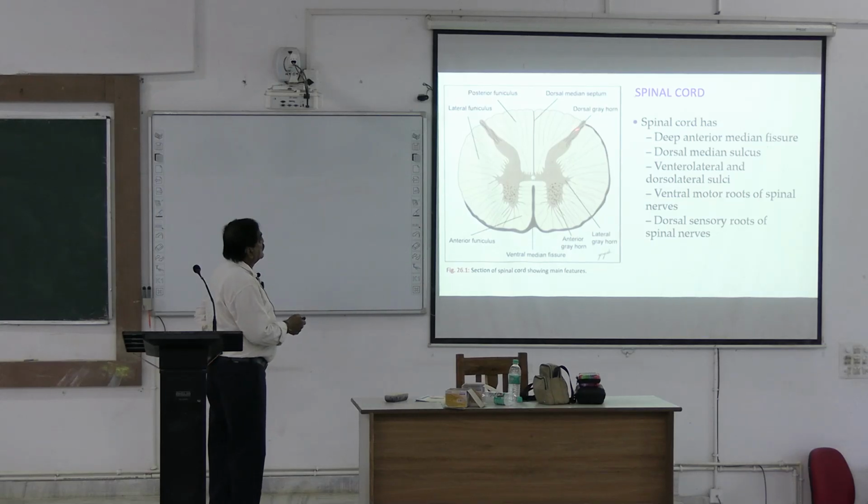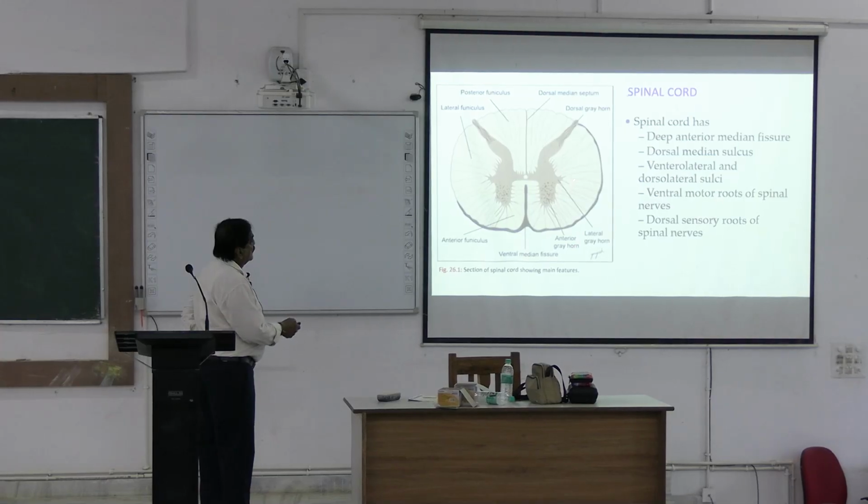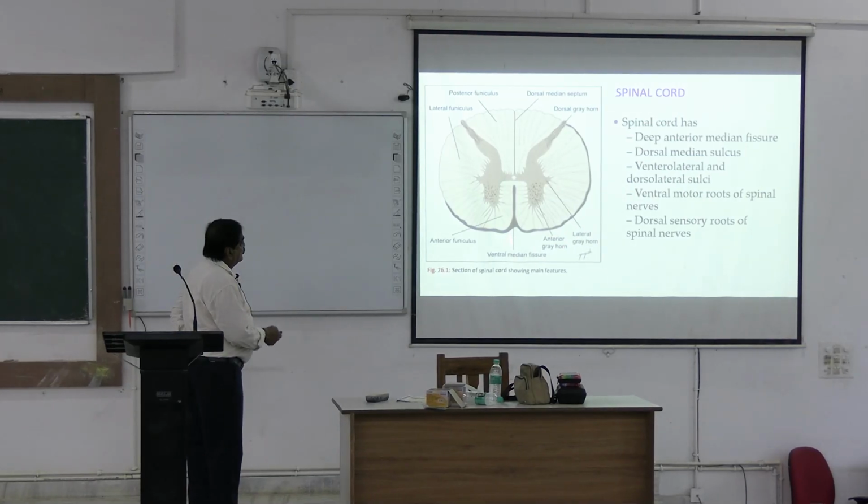This is the dorsal grey horn, dorsal median septum, posterior funiculus, lateral funiculus, anterior funiculus, anterior grey horn, lateral grey horn, ventral median fissure.